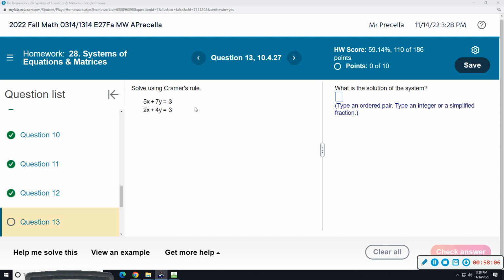Number 13. 5x plus 7y equals 3, and 2x plus 4y equals 3. Okay.